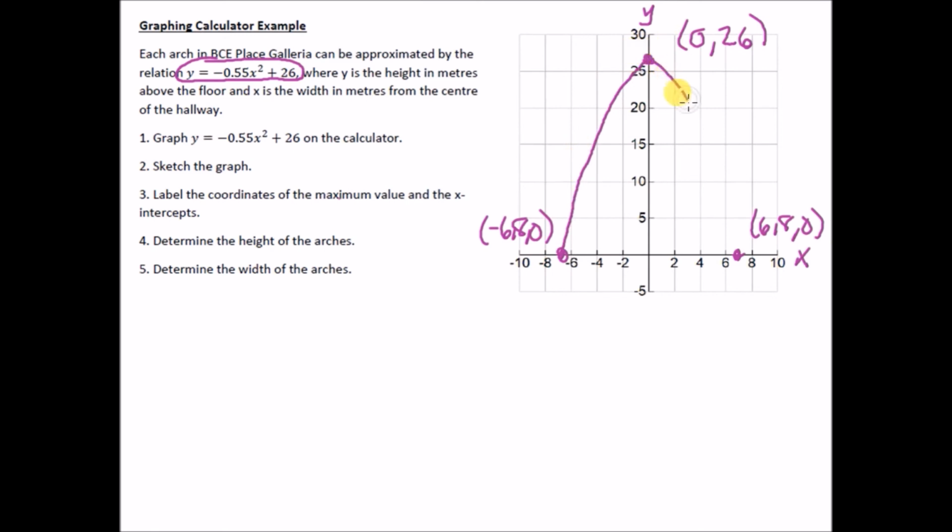Now I want to point out that because the x-axis represents when y equals 0, what that represents is the height in meters above the floor. So y equals 0 represents the floor. So this arc is not going to go into the floor. It might in theory go into the ground a little bit just for stability, but it's not actually going to go into the ground with arrows on it. So we're actually going to stop just like this, okay?